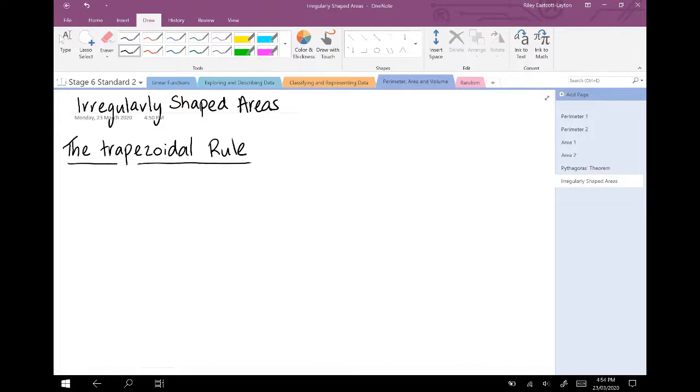Now, the trapezoidal rule is essentially a rule where we make a bit of an assumption about a shape and we liken it to a trapezium. For example, if we had a shape that looked a little bit like this, which kind of looks like a bit of a rectangle with a semicircle on the end of it.